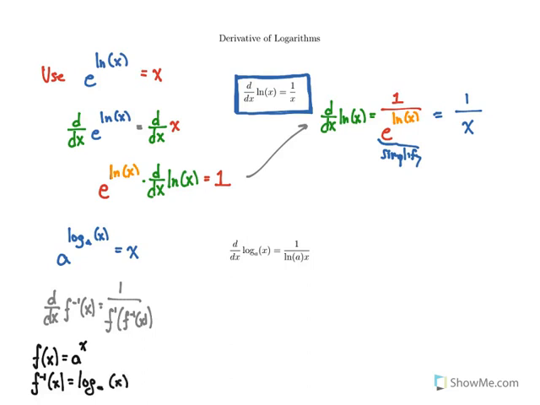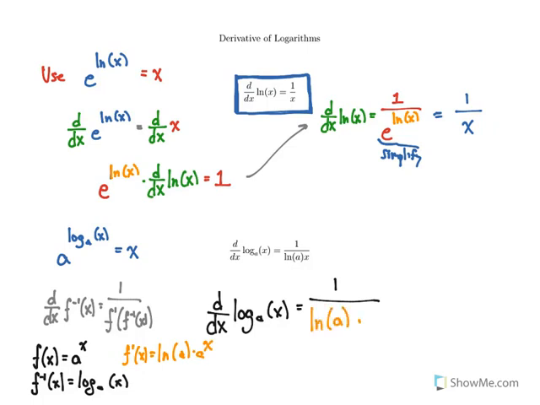So this derivative should be equal to 1 over the derivative of a to the x, which you recall is natural log of a times a to the x. But instead of having x, we're going to replace that with the entire inverse function.